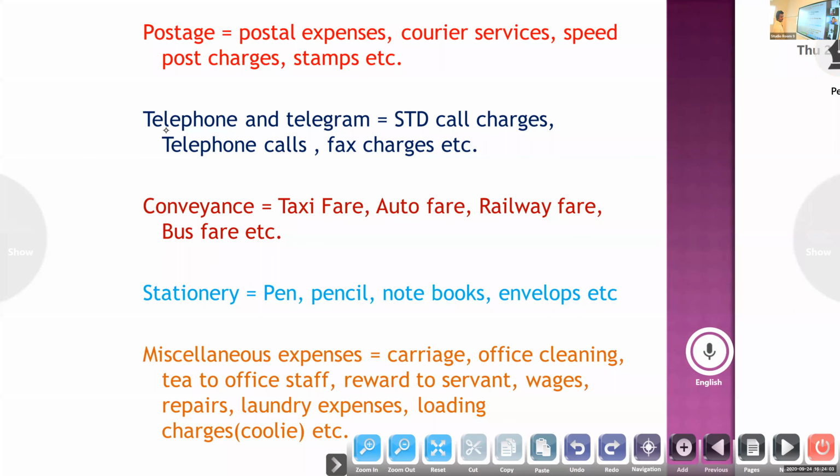Then it will become very easy. Postage, telephone and telegram, conveyance, stationery, miscellaneous expenses.